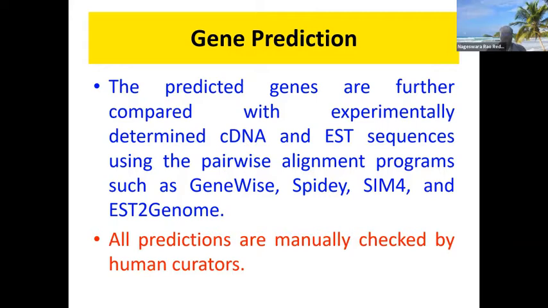But when the same expressed gene is present in the form of short fragments, a maximum of 500 base pairs, then they are known as ESTs, that means expressed sequence tags.